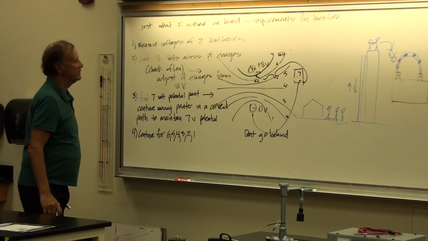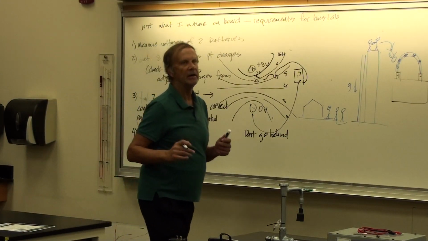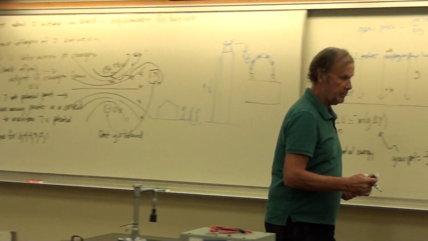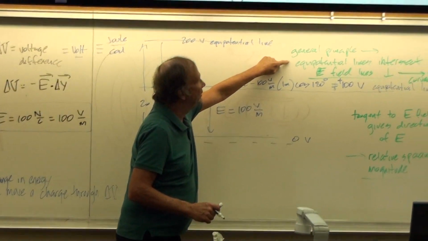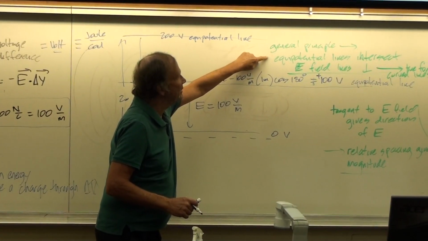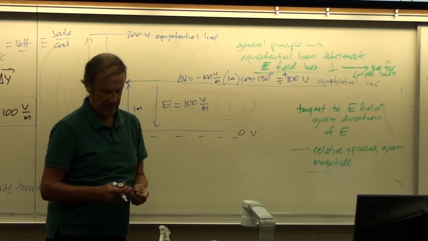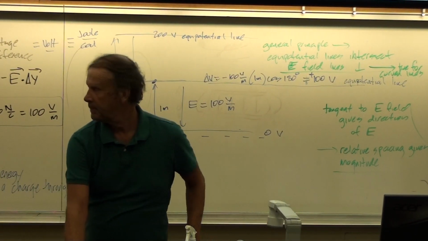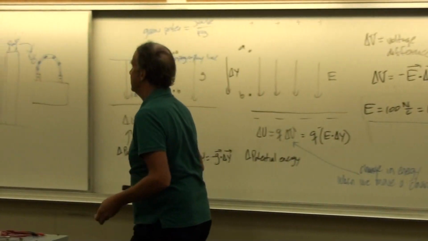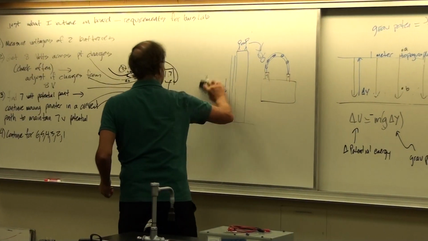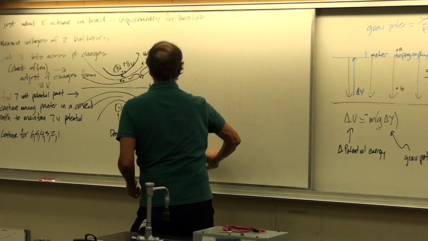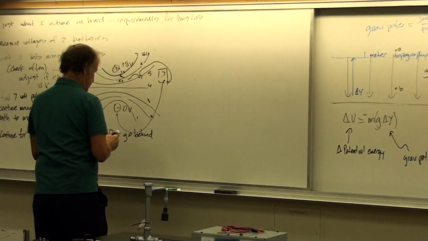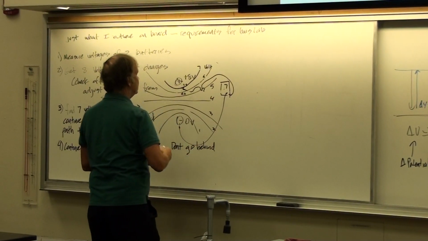What do we do next? Well, remember that our goal here was to find the electric field pattern. So now we use this general principle that the equipotential lines intersect the electric field lines at a 90-degree angle. So we do that by just drawing lines that intersect our equipotential lines always at a 90-degree angle.